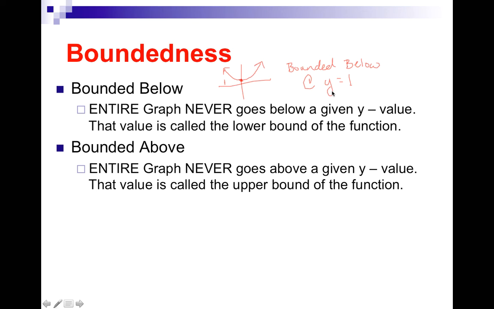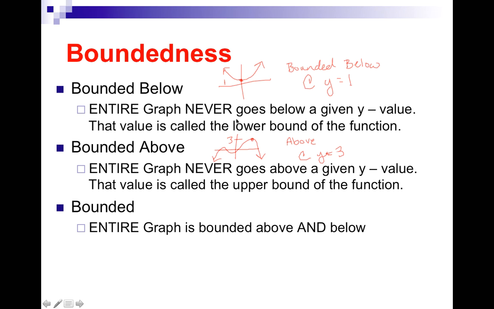And that goes the same for the other types of boundedness. I'd say bounded above if it never goes above a certain value. I say something like this. Right here, let's say that y value is 3. This would be bounded above at y equals 3. It never goes above the value of 3. But then we have our last one, which is bounded, saying that it is entirely between two values.